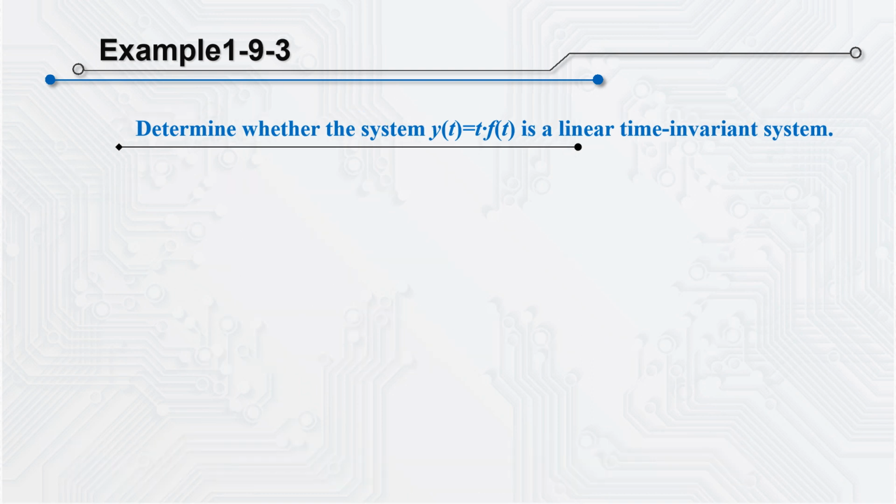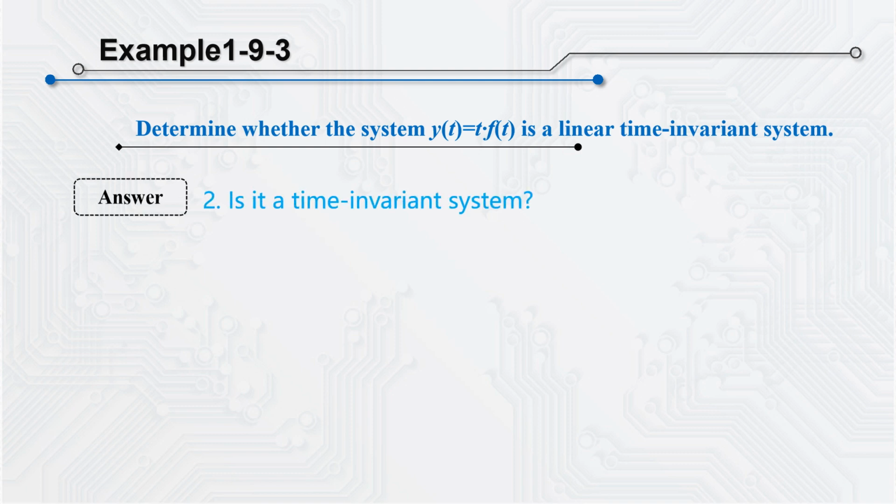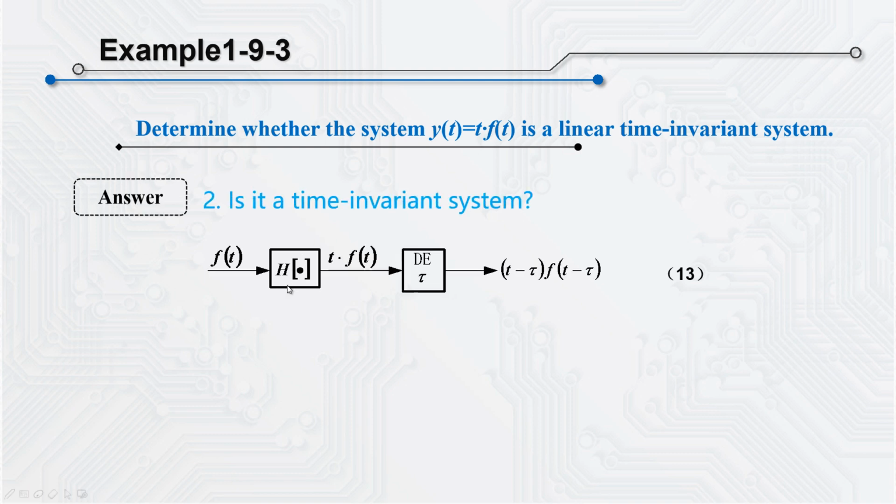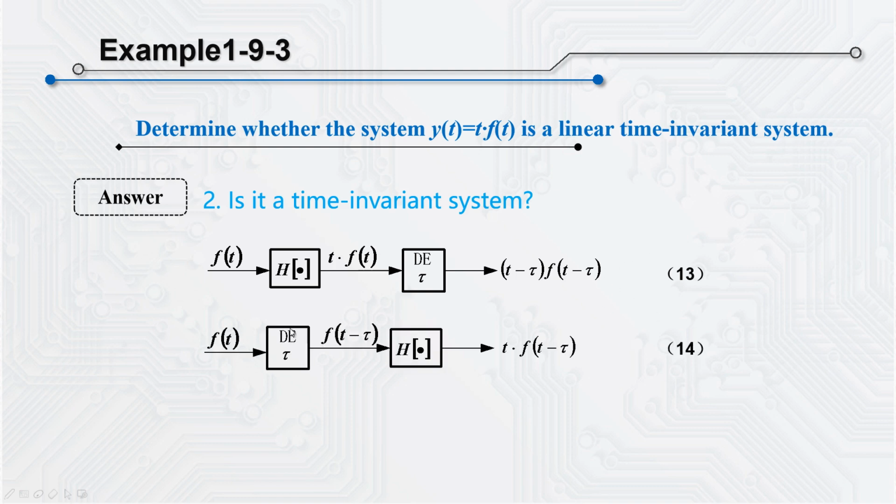Let's determine whether the system is time invariant. First, put the signal f(t) into the system H to produce an output. Then time shift the output to get its final output expression 13. Then time shift the signal first and then put it into the system H to get the output 14.